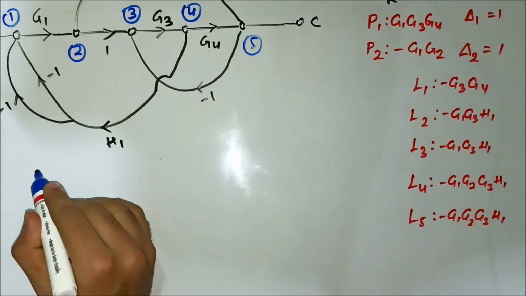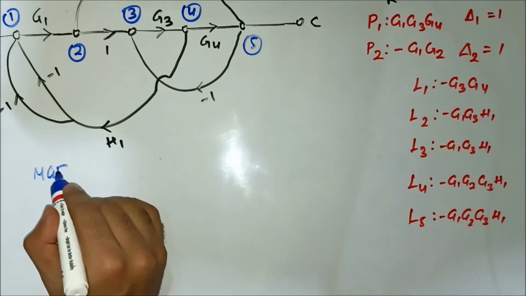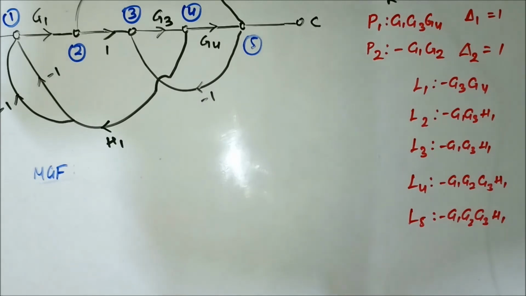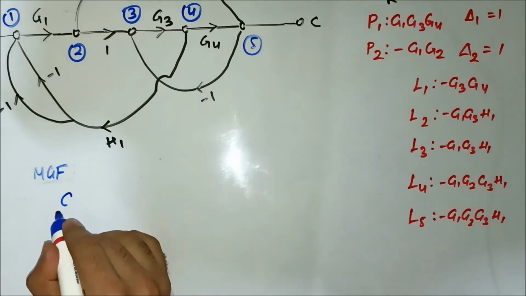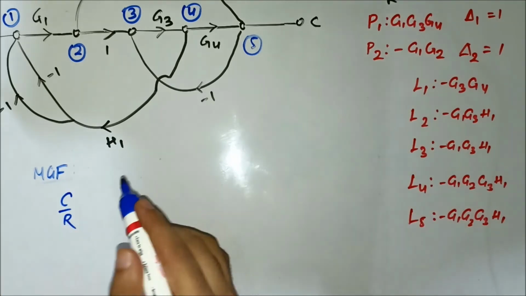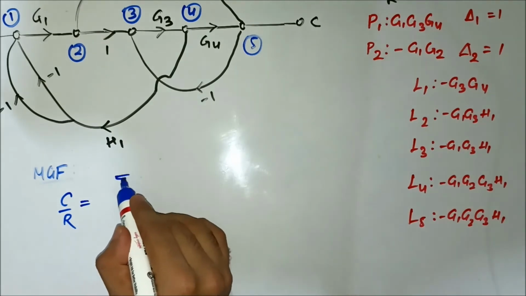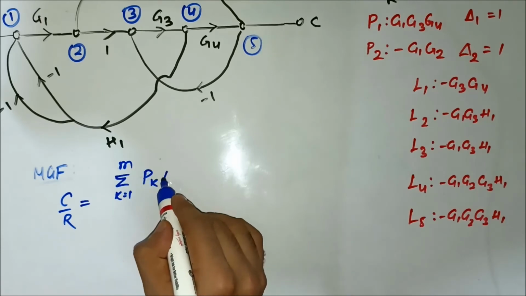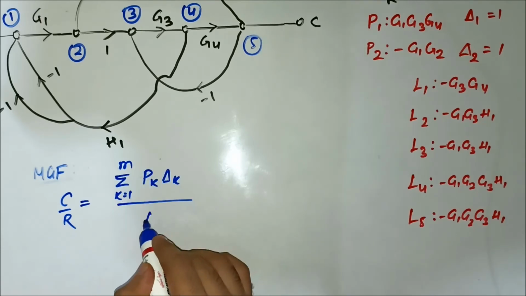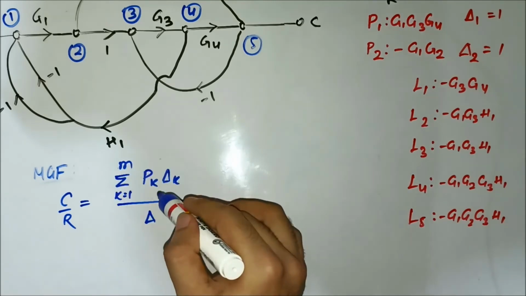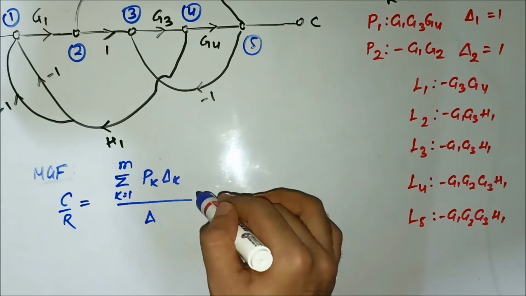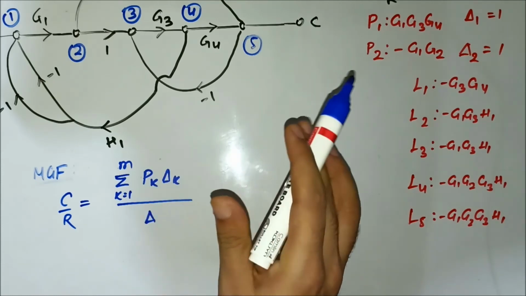According to Mason's gain formula, the transfer function of the signal flow graph is given by the summation of the product of the forward path gains and the path factors divided by the graph determinant.